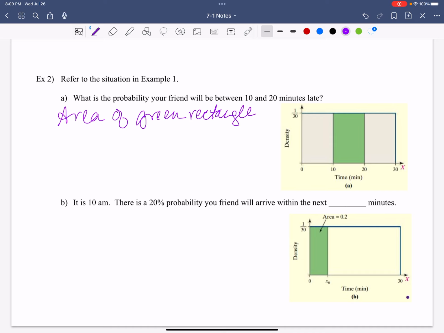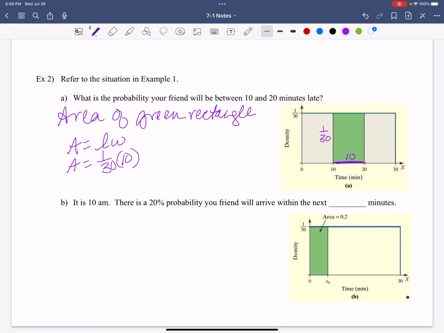So if I'm looking at the rectangle, what's the area of a rectangle? How do you find that? Length times width, right? Well, what is my length here? How tall is my rectangle? It's 1/30th because that's what they all are. So what is the width of my rectangle? 10, right? Because it's between 10 and 20. So this is going to be length times width, and that's how I have 1/30th times 10.